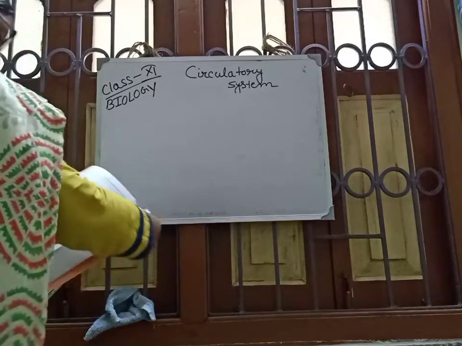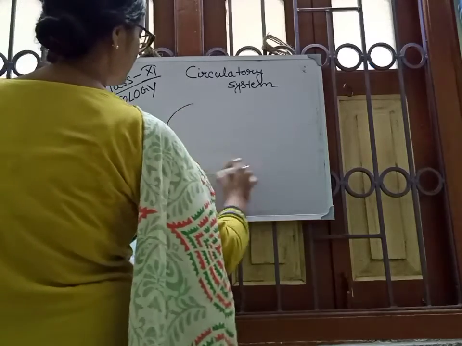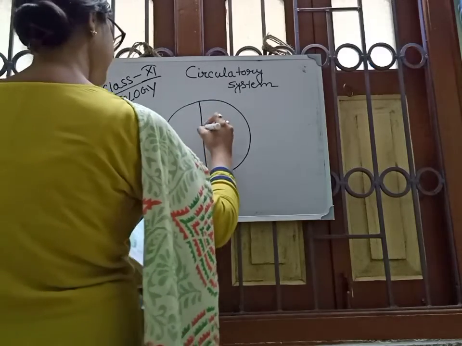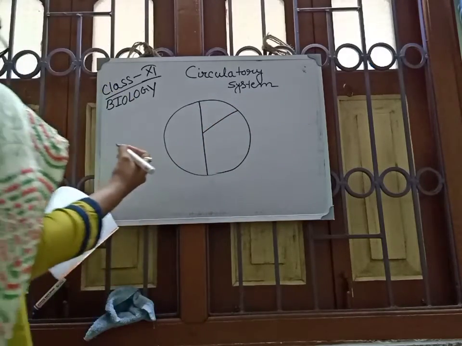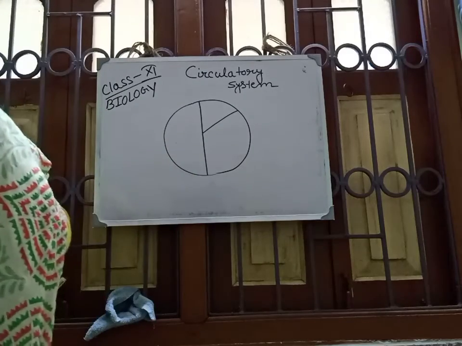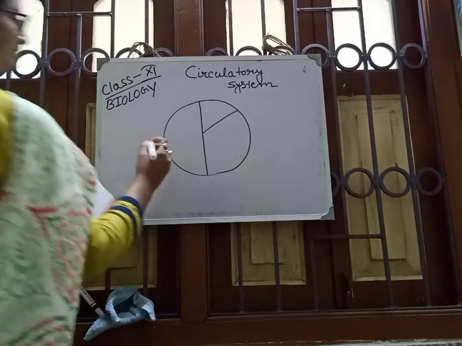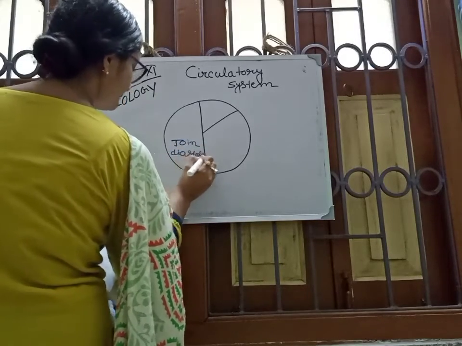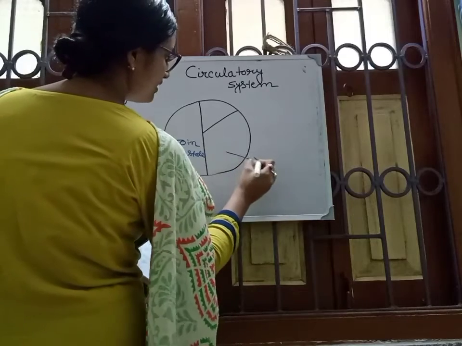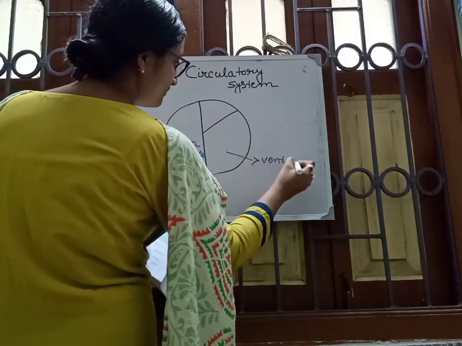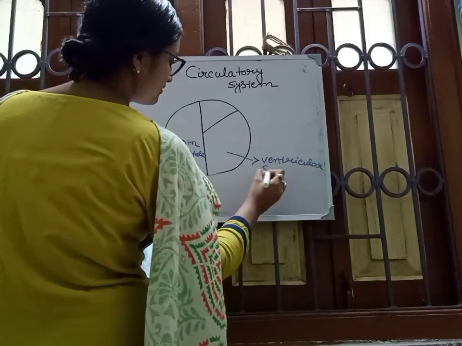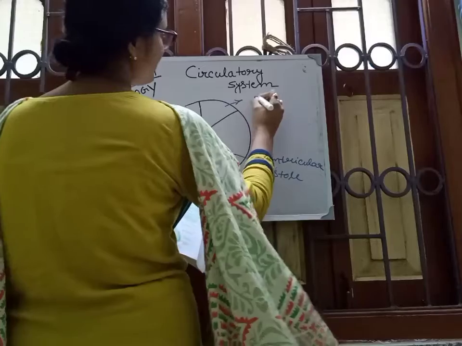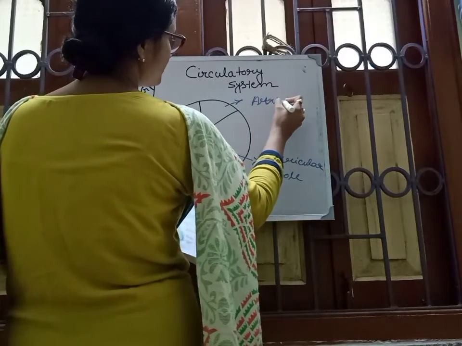Here is the joint diastole, here is the ventricular systole, and this one is the auricular systole.